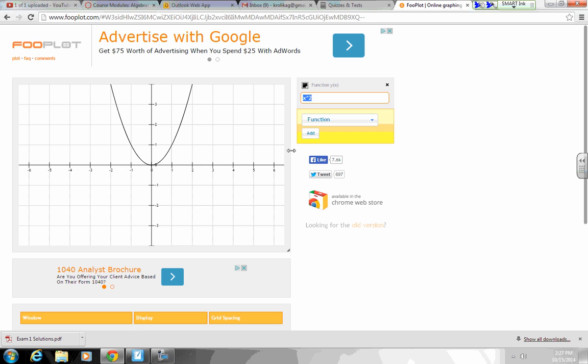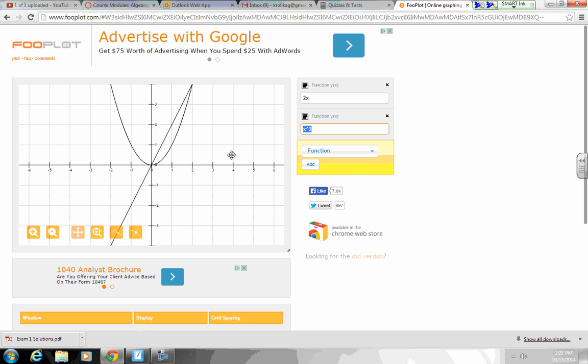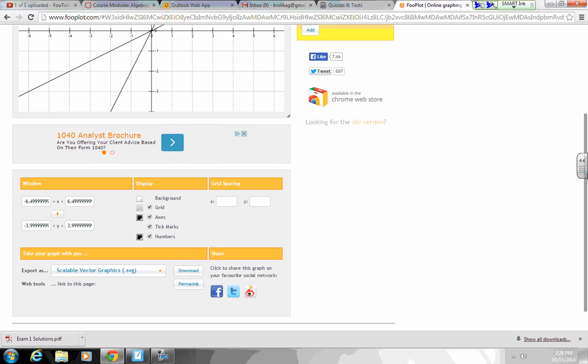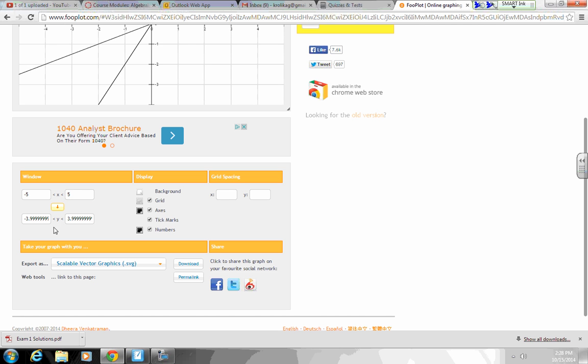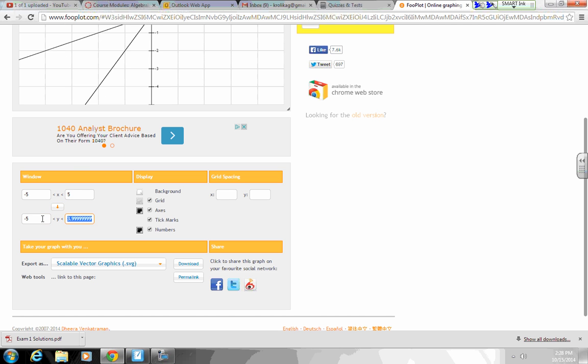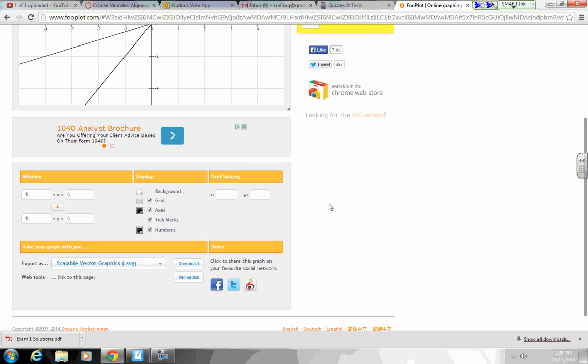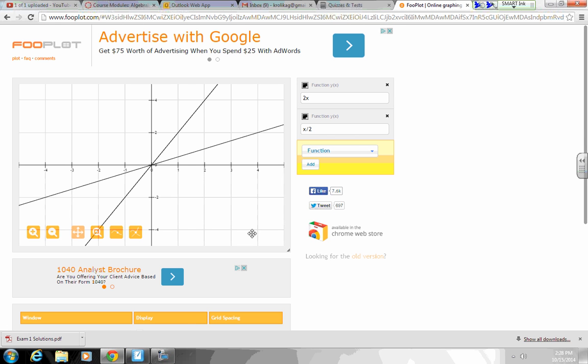We had this 2x, that was one function, and the other function was x over 2, right? So that's not a true scale. This goes from -7, -6.5. Can I make this window? Just do -5, 5, -5, 5. That's still stretched.